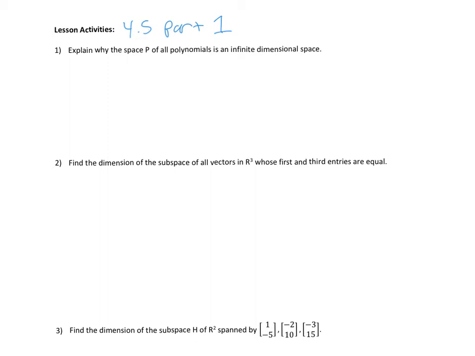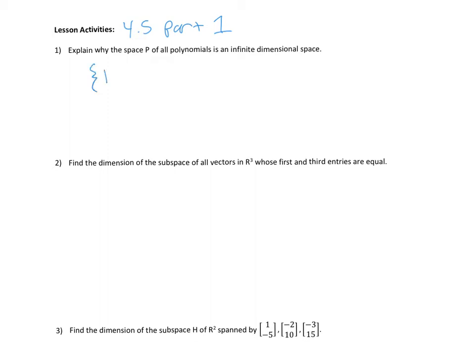Number 1, explain why the space P of all polynomials, any degree, is an infinite dimensional space. That's because the definition of dimension is the number of vectors in the basis. If I tried to list a basis for the vector space of all polynomials, it would look something like this.